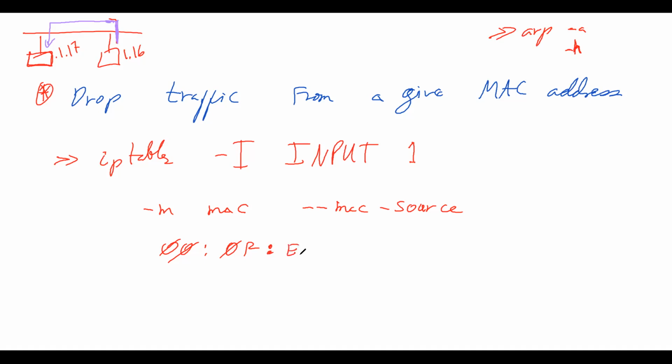All right, and then something like EA:14:08, something like that. There's the MAC address, and then again -j DROP. And that's it, right? So you add this rule, and then you see if it works. Any questions on this example?